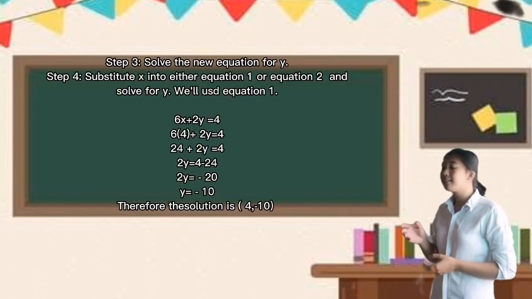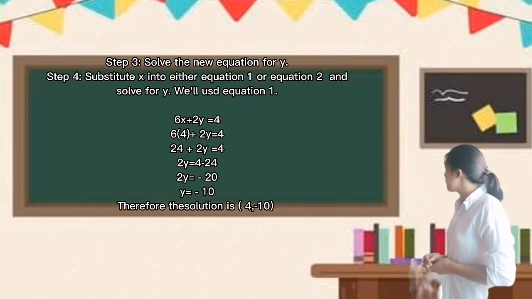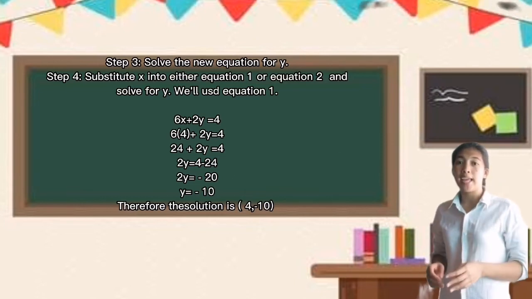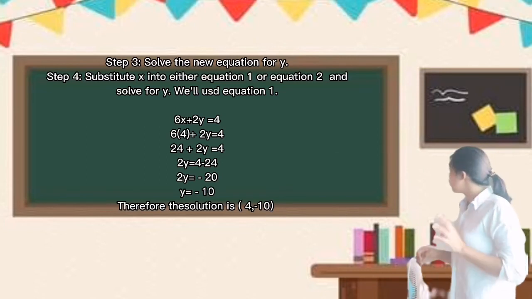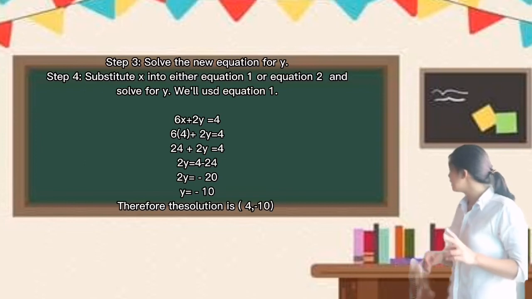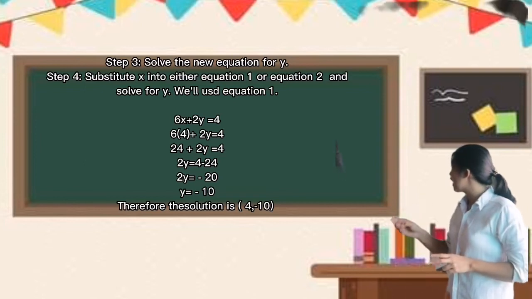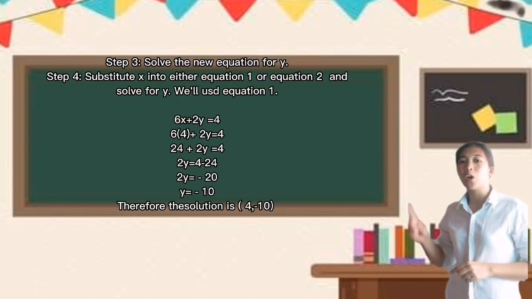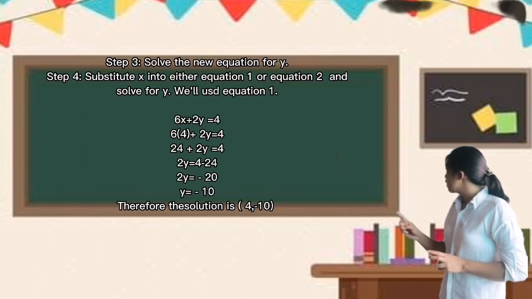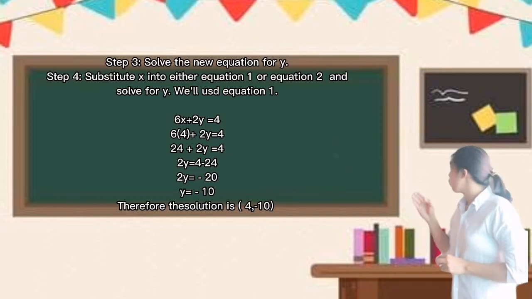So the next step is we need to solve the new equation for y. And the fourth step, we need to substitute x into either equation number 1 or equation number 2, and solve for y.